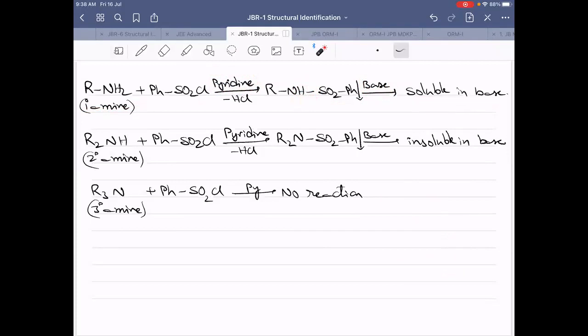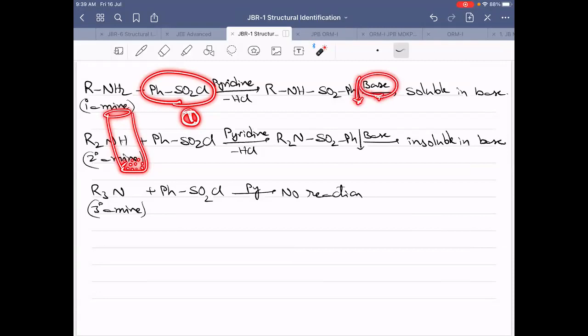Simple logic I will tell you. You have taken a glass tube into which you have given some organic compound. You don't know what organic compound it is. To that, first you have added benzene sulfonyl chloride, the Hinsberg reagent. After addition of the Hinsberg reagent, you got a precipitate.